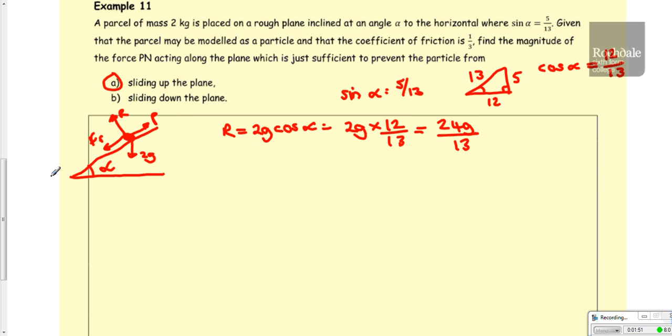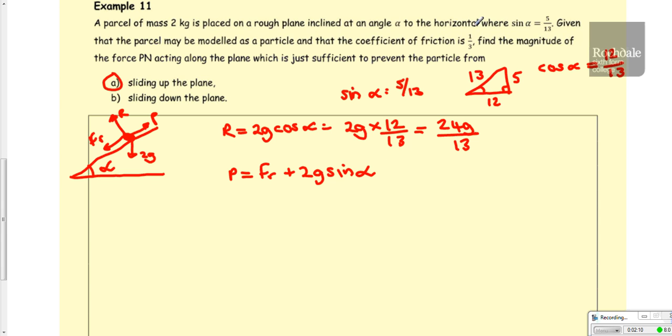If we now look along the plane, parallel to the plane, we can see that we've got the force P acting up the plane, and acting down the plane is the friction, and also 2G sine of alpha.